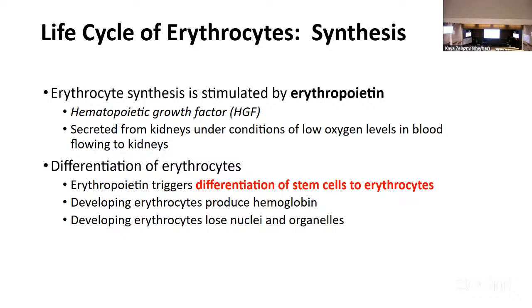Okay. So we are differentiating those hematopoietic stem cells in our red bone marrow into erythrocytes when we get this signal from the kidneys through this erythropoietin. And those erythrocytes are going to make their hemoglobin, and then they're going to lose their nuclei and organelles and filter out into the blood in their small, kind of pared down form.